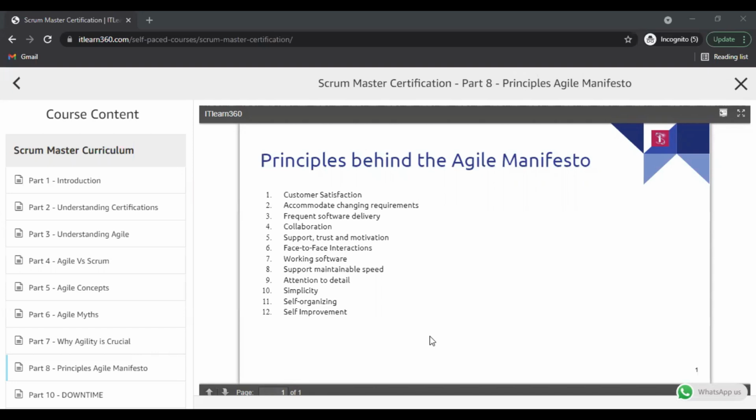The third principle is frequent software delivery. It also connects with working software. All right. So Agile talks about rapid development and rapid delivery of software. And the way it is designed, after every sprint we are looking forward to giving a working software.